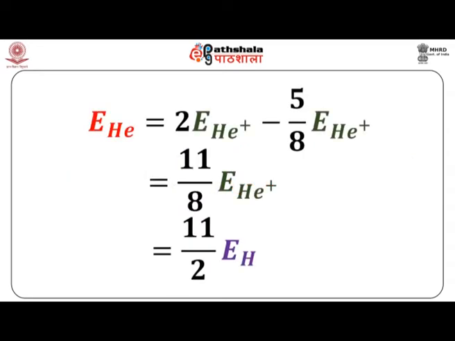If we substitute these values, the total expression becomes, as you can see in this equation, equal to 11 by 2 EH. That is the total energy of the helium atom.